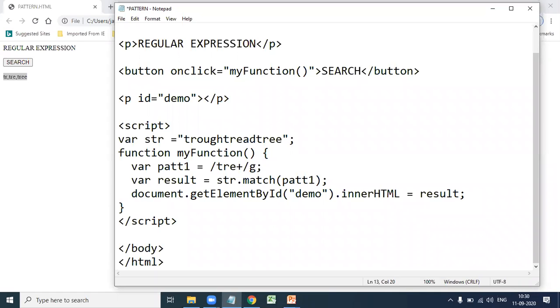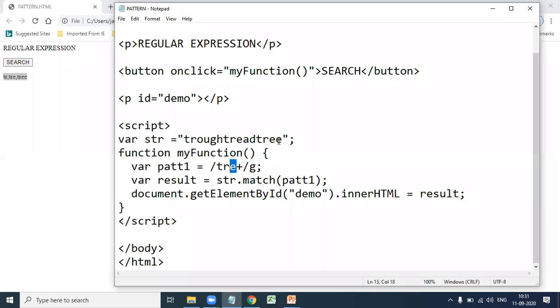Here TRE plus means the preceding character is E, so one E or more E's. That means it matches the string with 1 E or more E's.